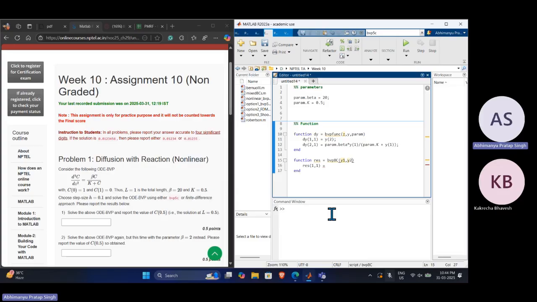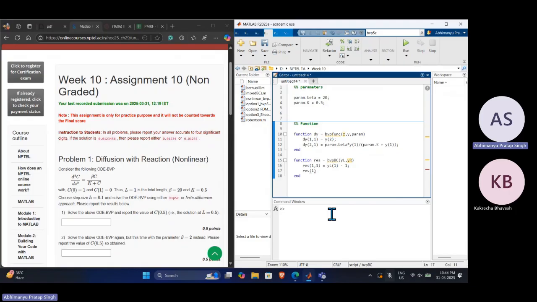We need two inputs, right? One for the left boundary, so I will just write that as YL, and one for the right boundary, YR. For the left boundary, we have C0 as 1, so that would be YL1 minus 1. That is our first boundary condition.